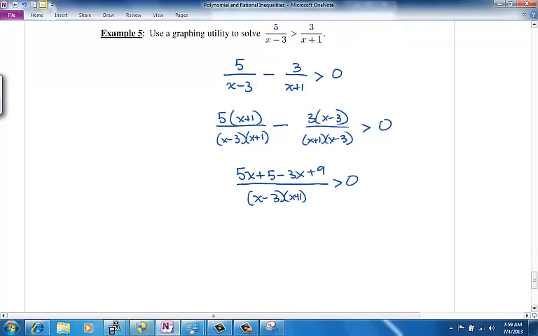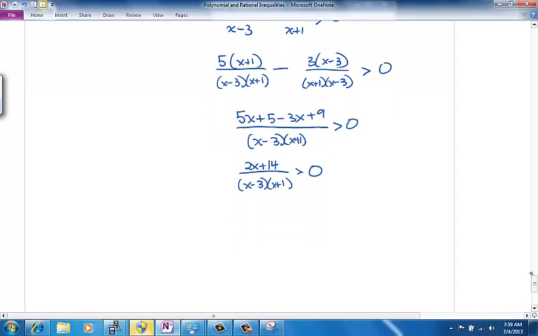So that's, what, 2x plus 14 over (x minus 3)(x plus 1) greater than 0. And then let's just graph that and determine where the graph is above the x-axis.